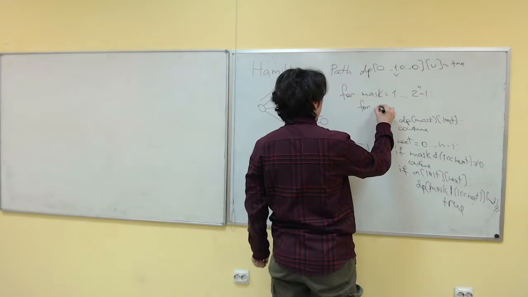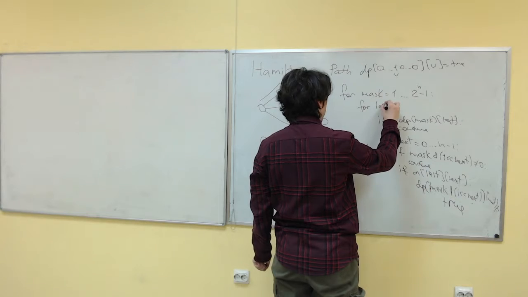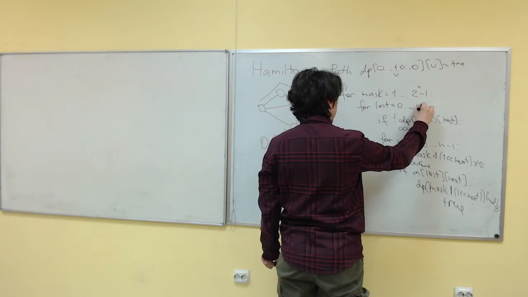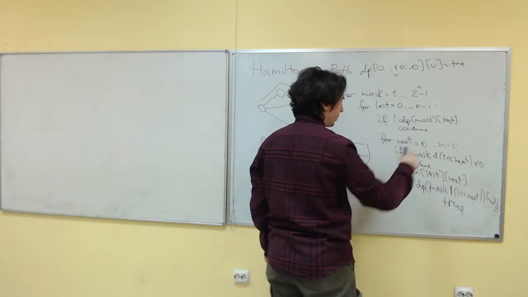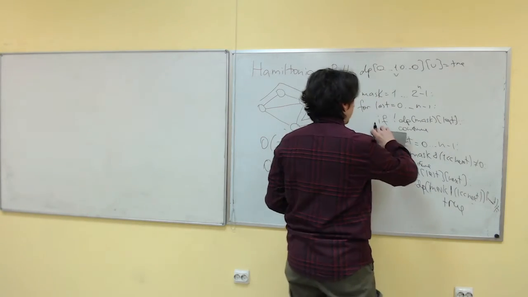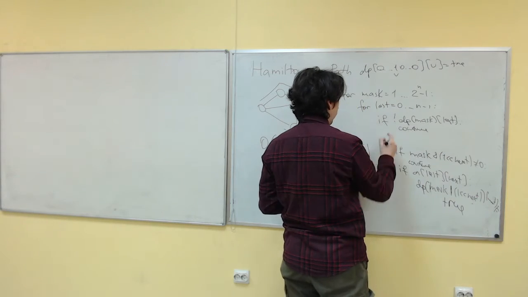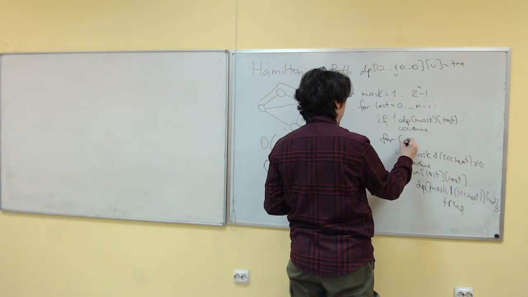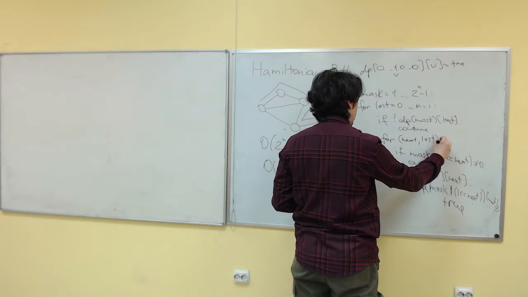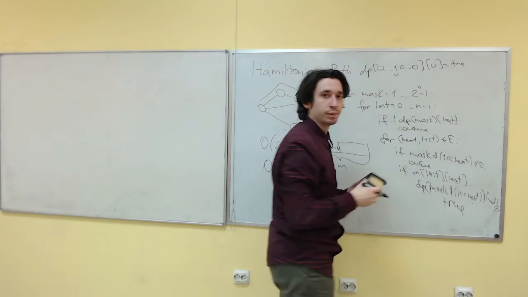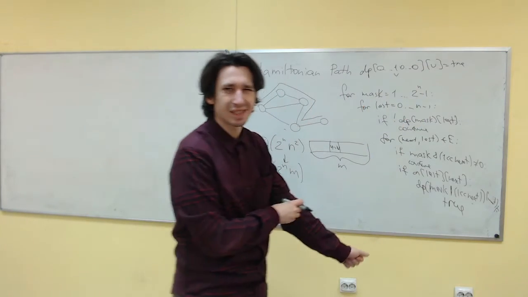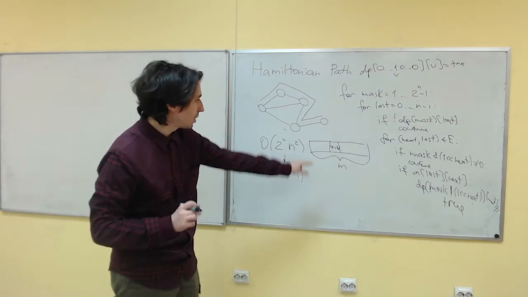We can do for last equals 0 to n minus 1, and here, for example, go not only to the next, but for all the edges that are next, last, inside. This is what you meant. This is a little bit different from what I mentioned here.